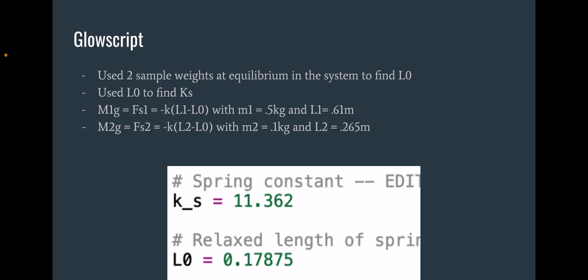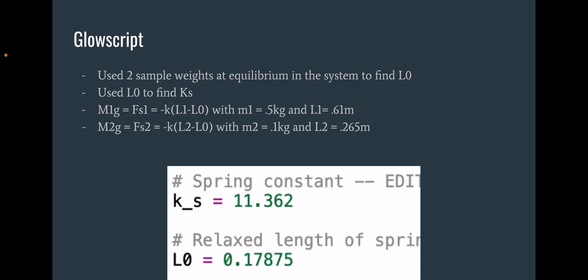We had a mass hanging at equilibrium with two different masses, and we used the formula mg equals force, which is equal to k(L1 minus L0), with a mass of 1/2 a kilogram, which is what we found. We also did that with the second mass, which was 0.1 kilogram.